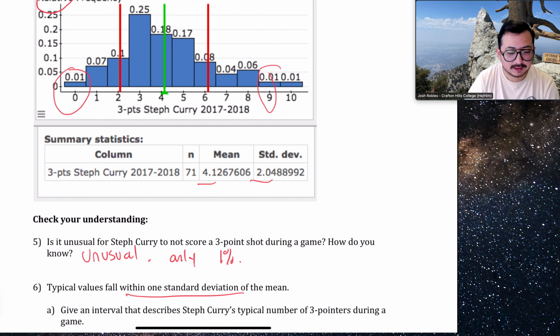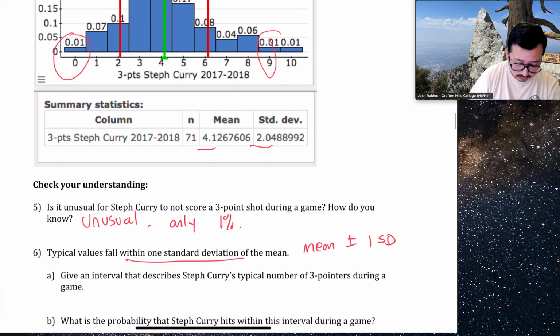There's mathematically some big disadvantages in those. So we more frequently use the mean and the standard deviation. And so this within is when we did the mean plus and minus 1 standard deviation. So right now that'd be 4.1, rounding, plus and minus 2. So 4 plus and minus 2, or 4.1, so 2.1 up through 6.1.